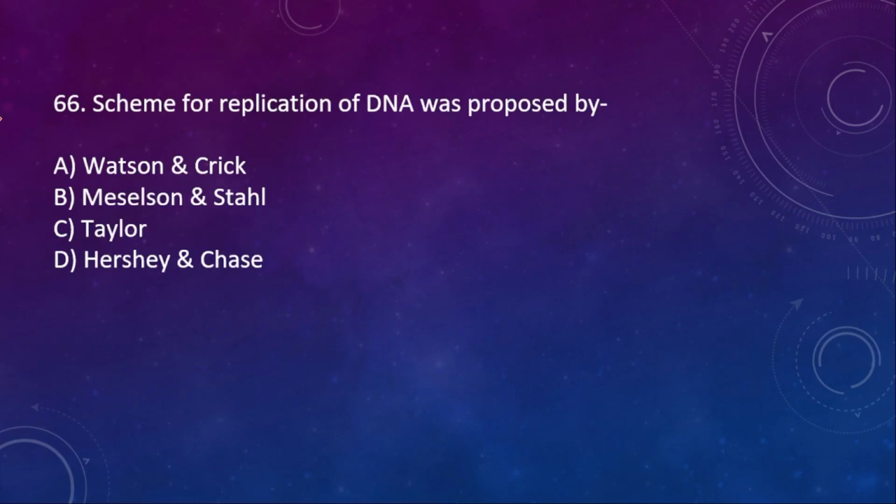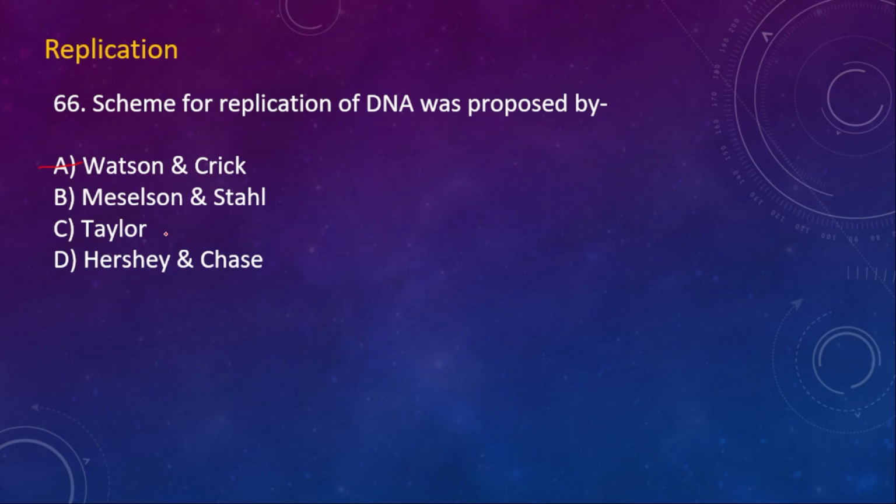Next, 66th. The scheme for the replication of DNA was proposed by A. Watson and Crick, B. Michelson and Starr, C. Taylor, and then D. Hershey and Chase. Watson and Crick is right, whereas Michelson and Starr are credited with proving the semi-conservative replication scheme through their experiment, where they used N15 and N14, nitrogen isotopes.